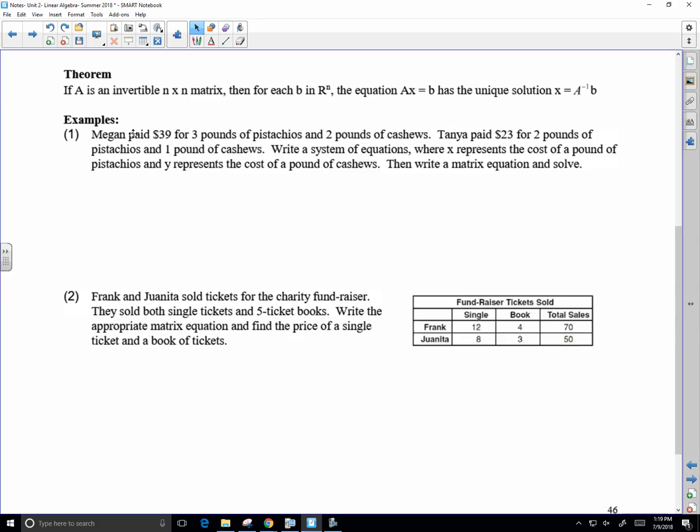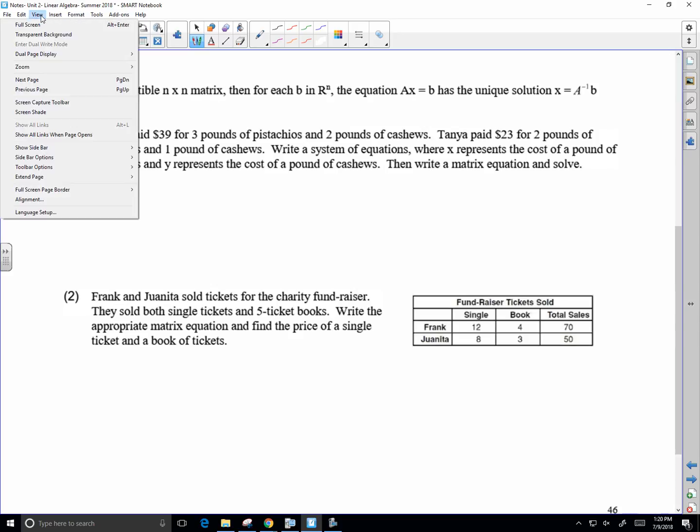Because the product of a matrix and its inverse is the identity matrix. That's the whole point of the process. So if I were to multiply both sides of this equation by the inverse of A, I would get the identity matrix multiplied by X on the left, and on the right it would be the inverse of A multiplied by B.